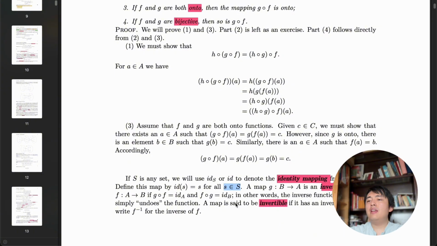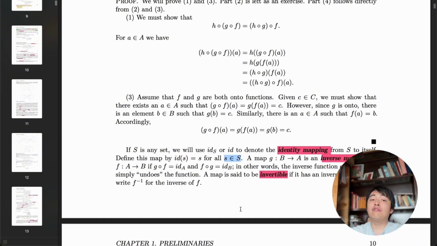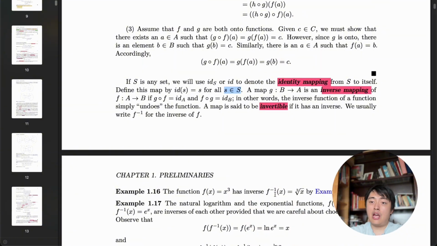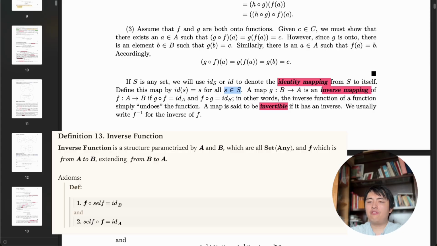So the book defines an inverse function as a structure that relies on a function. Let's look clearly. The identity function sends s to itself. It's inheriting from function because it is a function, after all. And then we have the inverse function.